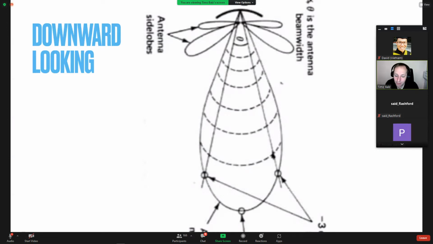And if we're looking downward, we cannot separate left from right side. If we do not care so much about that, for example in radar altimetry, we can do that and live with the very bad resolution that we would then have.